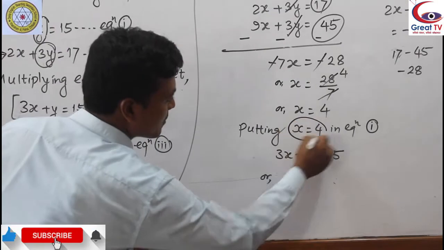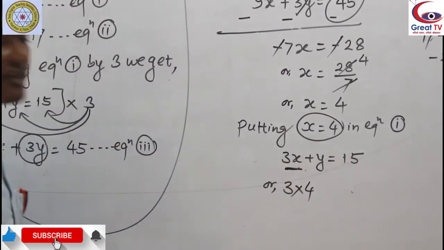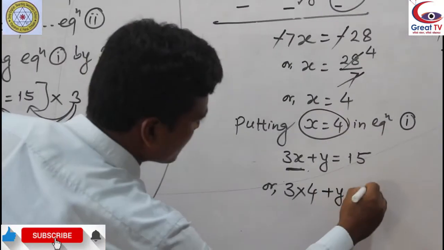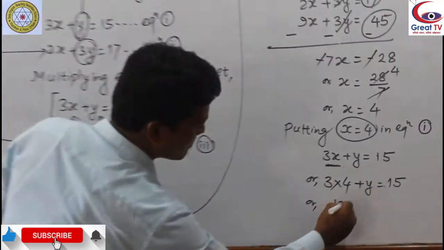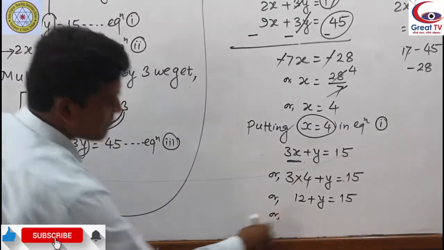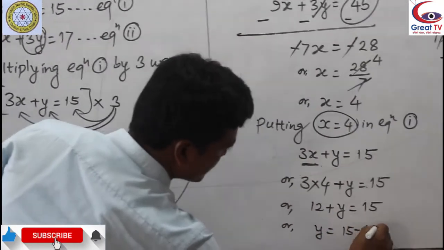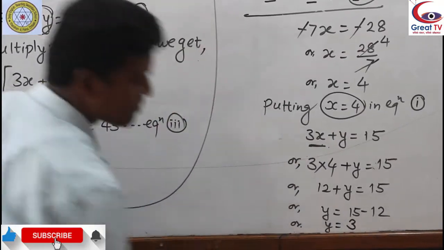How much? 4. 3 times 4. 3x means 3 times the value of x, plus y equals 15. After this, 3 4s are 12, plus y equals 15. After this, y equals 15 minus 12. Well, y equals 15 minus 12 gives 3.